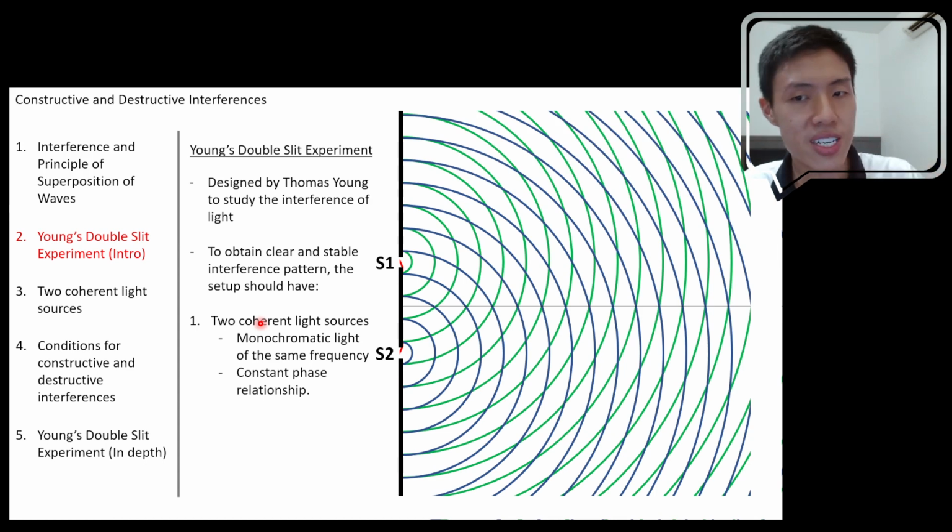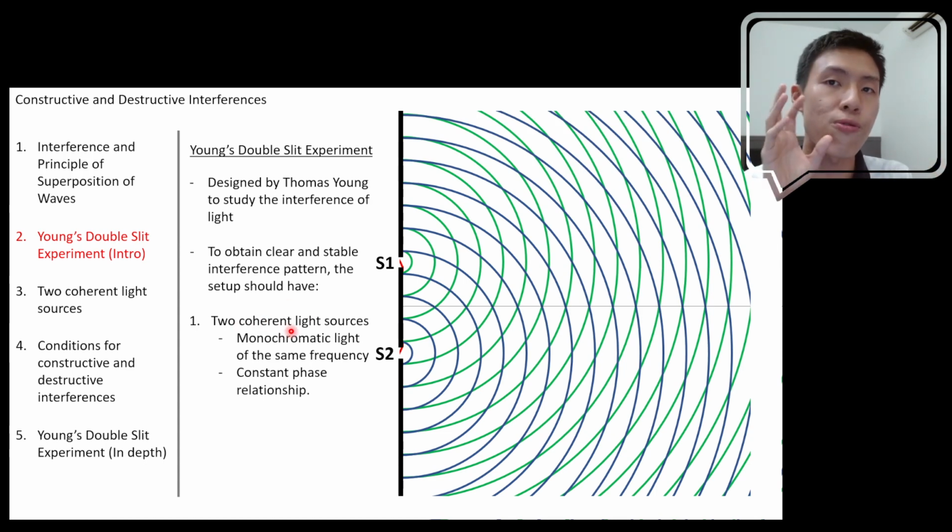But in physics, in particular when we talk about waves, the word coherent has a very specific meaning. We can say coherence has two main elements. The first element is that it has to be monochromatic light of the same frequency.